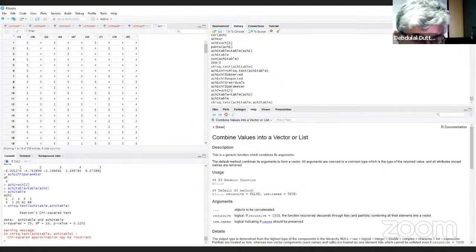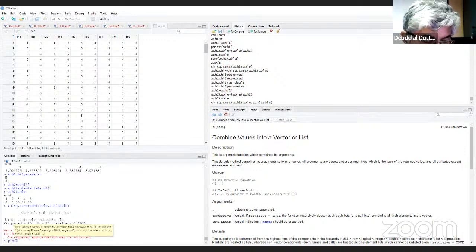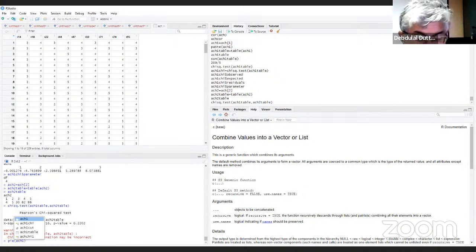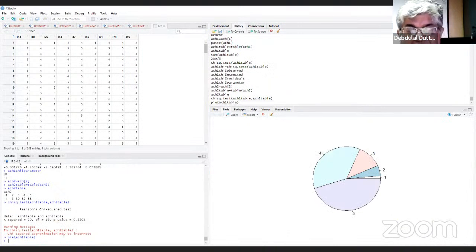So you can do the bar plot, or you can do the pie chart by using ACH1. So you will get the pie chart.